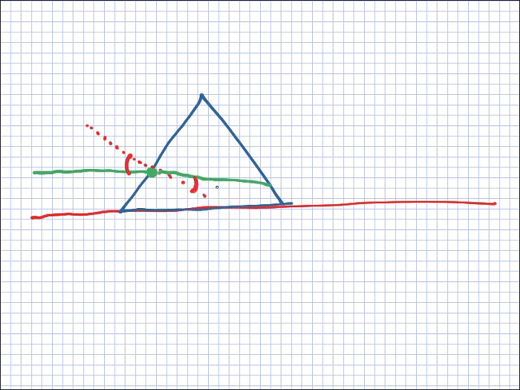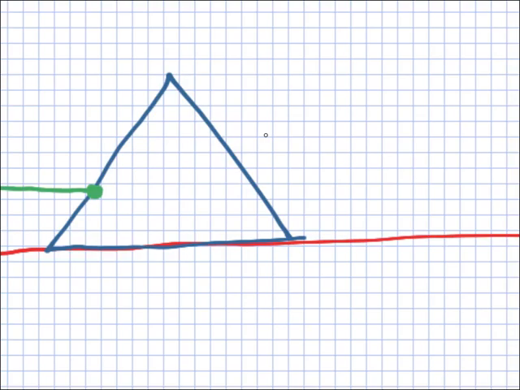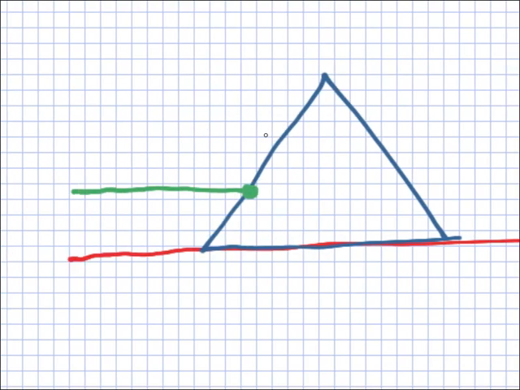You get a smaller angle here, and then here's the other normal. Then it'll come out again. Let me draw in that angle there. I need to make this bigger. I can't see what I'm doing. Right, that's better.